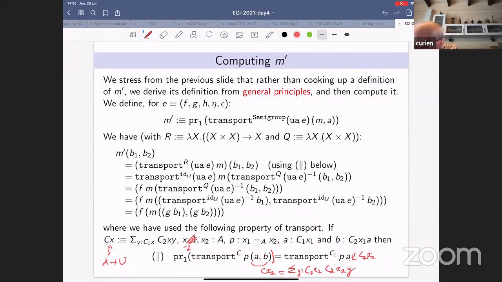Hence, the whole transport here will be in C1 X2, if I'm not mistaken. And here, we already checked that this whole thing is well typed. And so because AB is of type CX1, this guy is of type CX2.